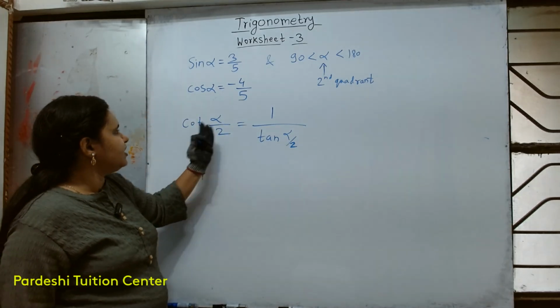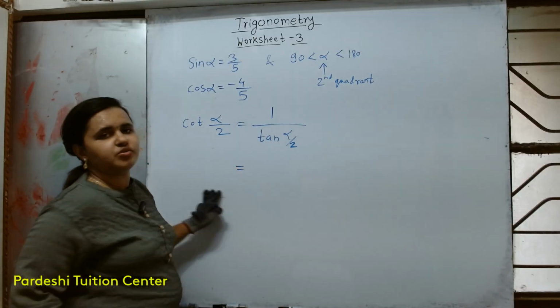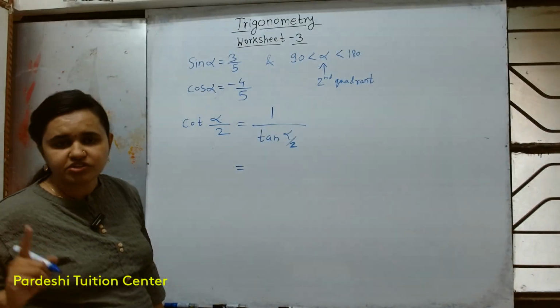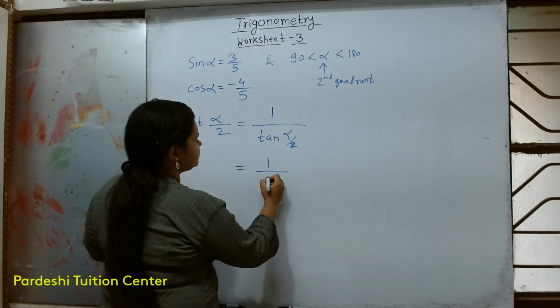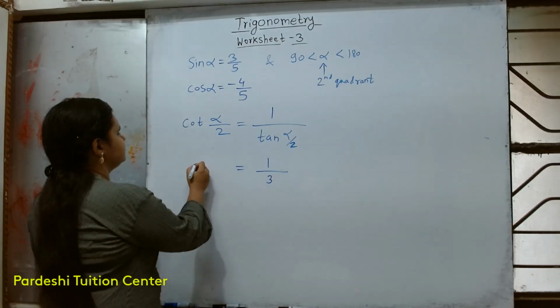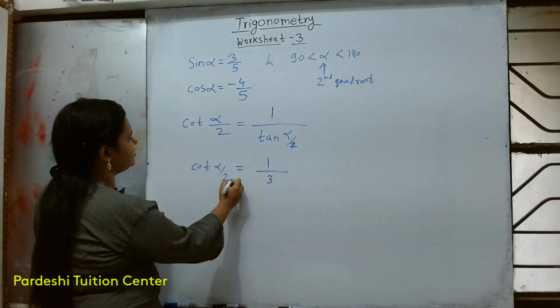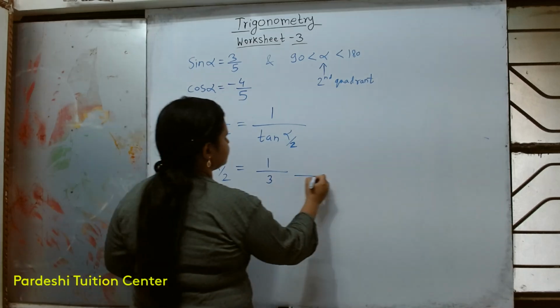So cot alpha by 2 can be written as 1 upon tan alpha by 2, and we have just calculated the value of tan alpha by 2 in C. It was 3. So it will be 1 upon 3. We have cot alpha by 2 equals 1 upon 3. So it is the option P.